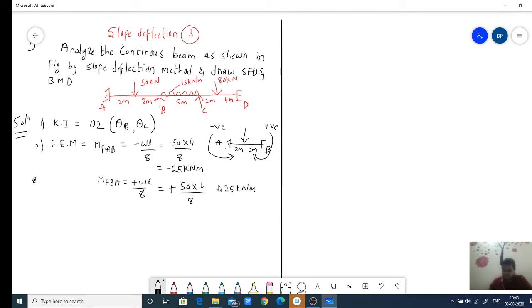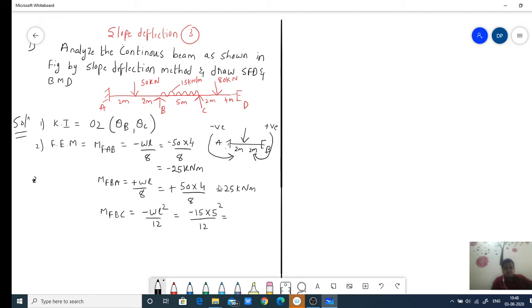Now coming to span BC, as you see, for span BC there is a UDL with a distance of 5 meter. So when I am talking about MFBC, the formula here will be minus WL square upon 12. So this is minus 15 into L is 5 square upon 12.